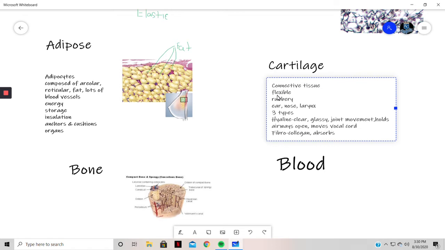So if you think about it, where would be a good spot for it to be? Hopefully hands are going up all over the place. People are yelling at the screen. That's right, vertebrae disc. Vertebrae disc is where you'll find fibro cartilage.